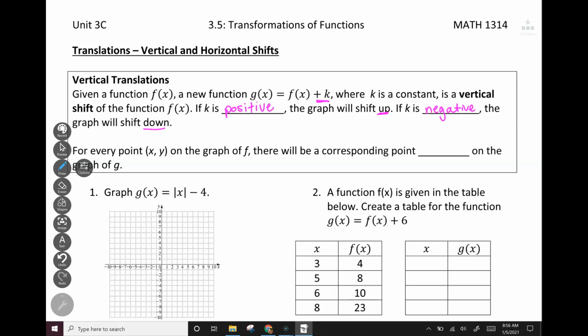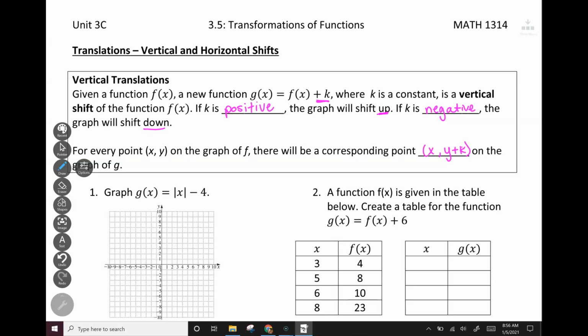And then if you look at the ordered pairs for that graph, for every point (x, y) on the graph of f, there will be a corresponding point (x, y plus k) on the graph of g. So what that k ends up doing is shifting it up or down, right?